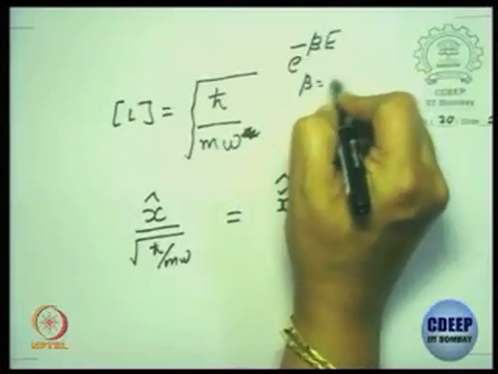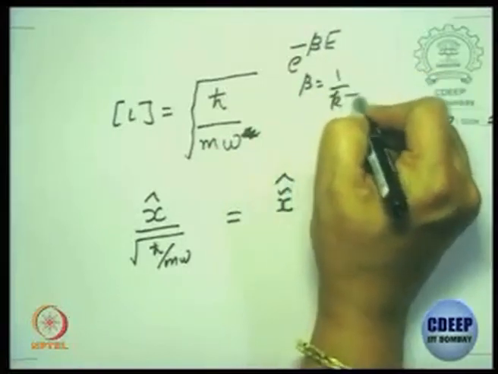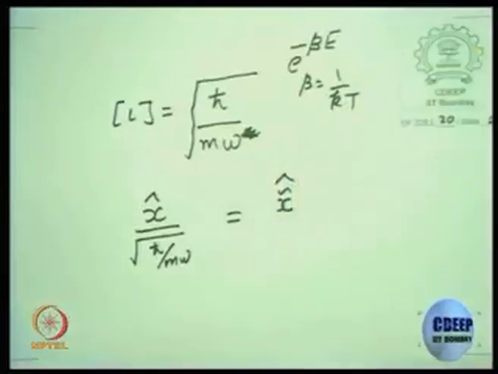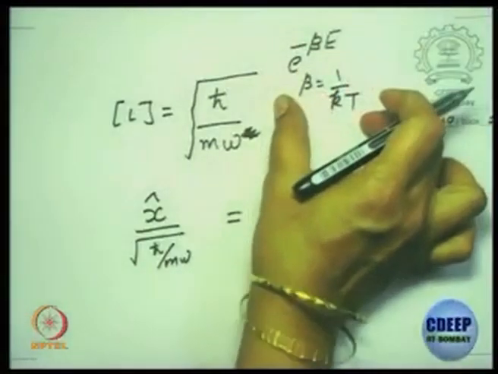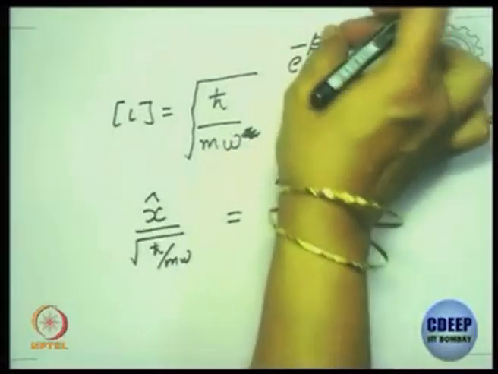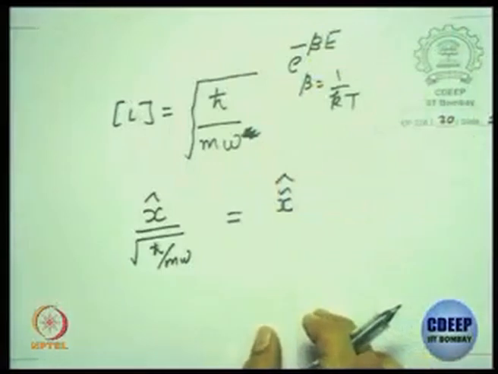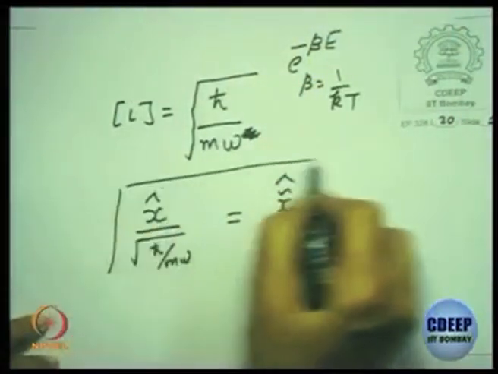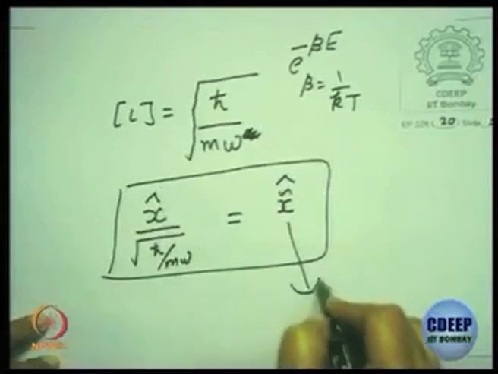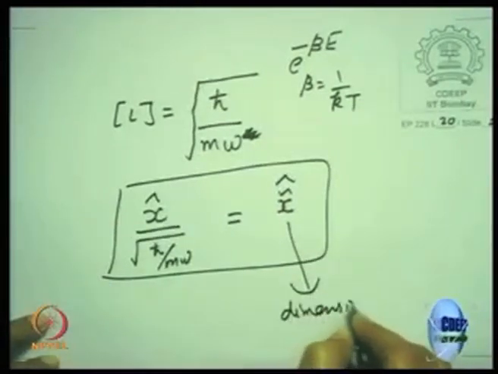So beta is 1 by kT, a dimensionful quantity with inverse energy, so that E times beta is dimensionless. In a similar way you can treat this one to be dimensionless.